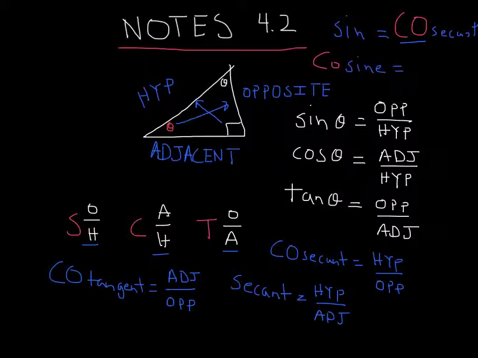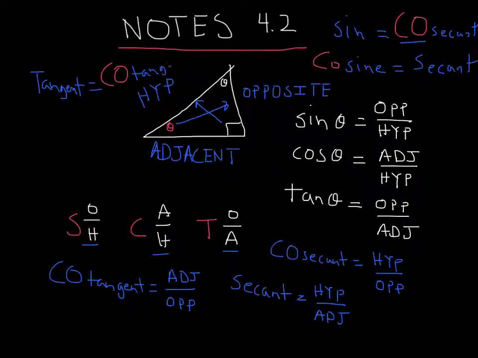And which one is the flip of the cosine? The secant. Okay, now look at that pair. You have a cosine and a secant, only one co. And then the last one is going to be your tangent. And the one that is the reciprocal of the tangent is the cotangent.